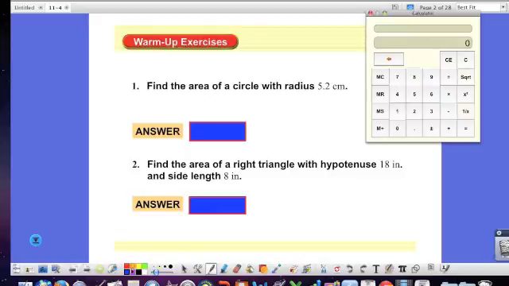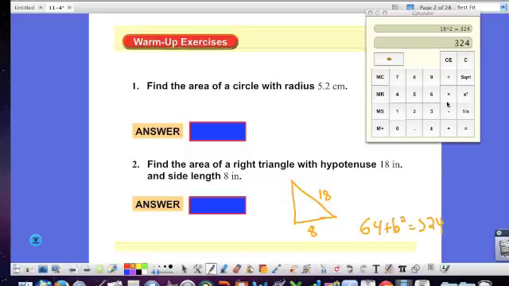And find the area of a right triangle with a hypotenuse of 18 and a side length of 8 inches. In that case, we have to find the height. So we have to use the Pythagorean theorem: 64 plus our height, which is going to be b squared, equals 18 squared, 324.